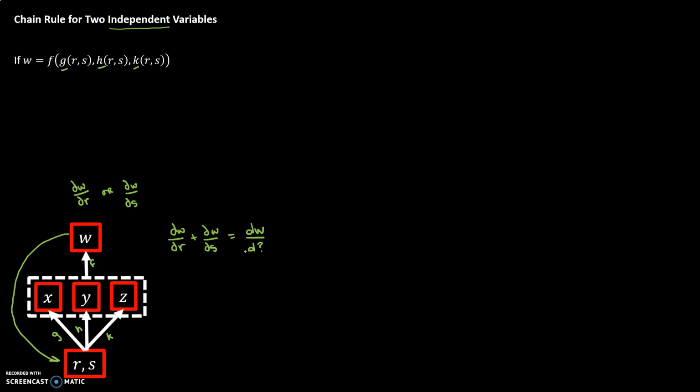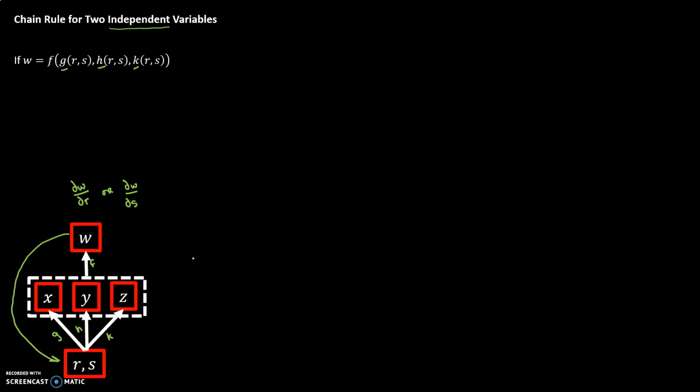But that's not the case here. We do not know that r and s are related at all. Based on the way this function is written, my guess is r and s are completely independent of each other, so we can't do one total derivative. We can only do two separate partial derivatives.